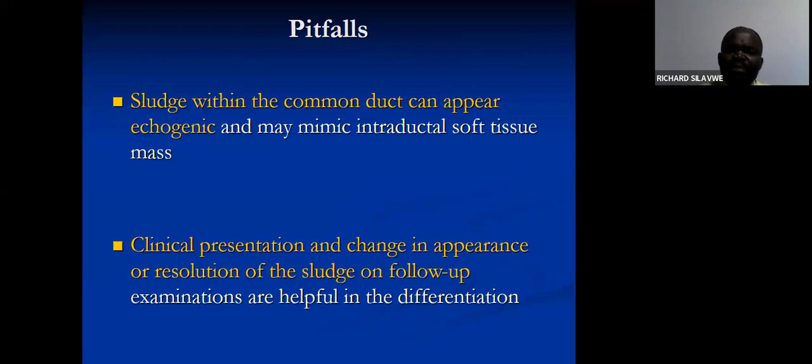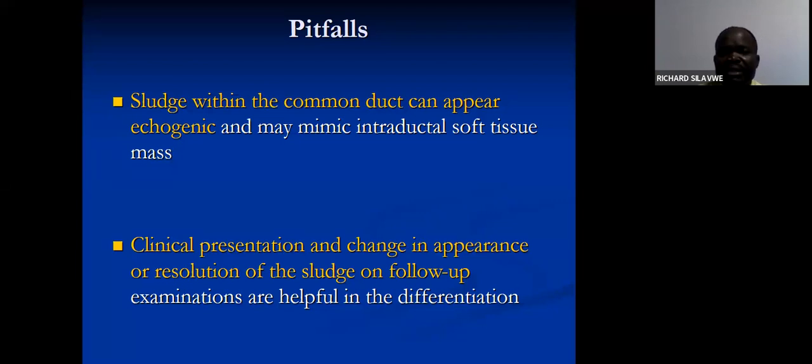Then some pitfalls when you are imaging the duct. Sludge within the common duct can appear echogenic and may mimic an intraductal soft tissue mass. So we need to be conscious when we are scanning the patient.